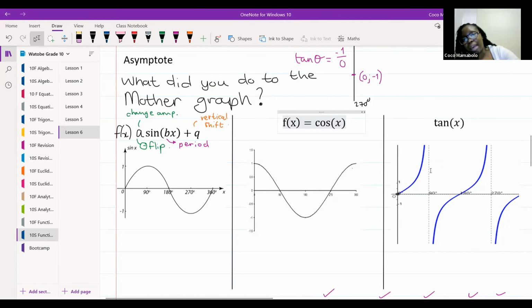If I put a number here in front of my cos graph, what will that A do to my graph? Last few minutes, guys. It will do the exact same thing.